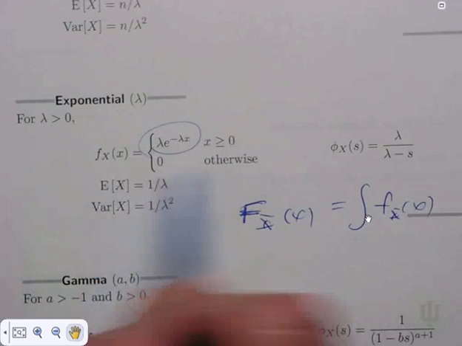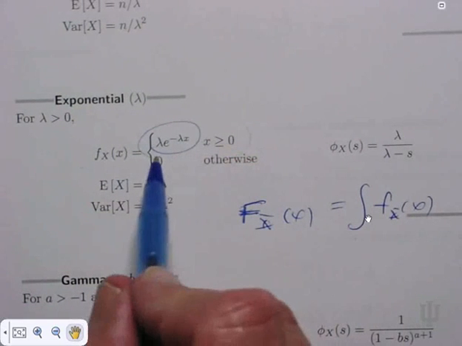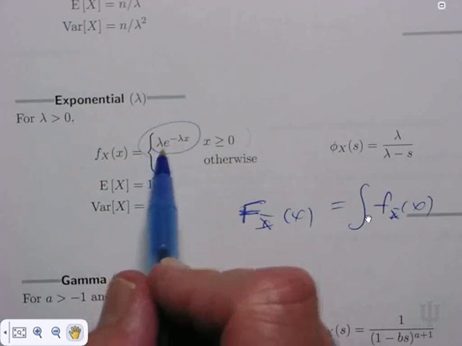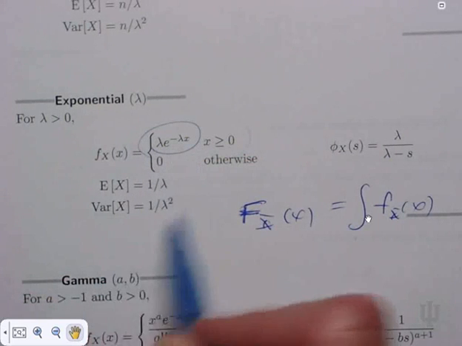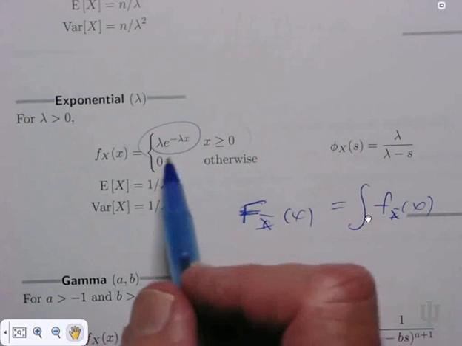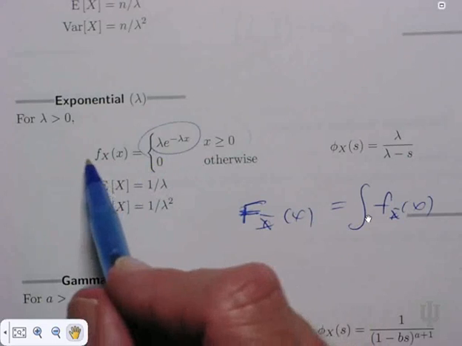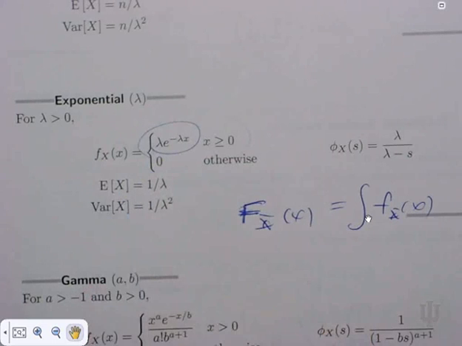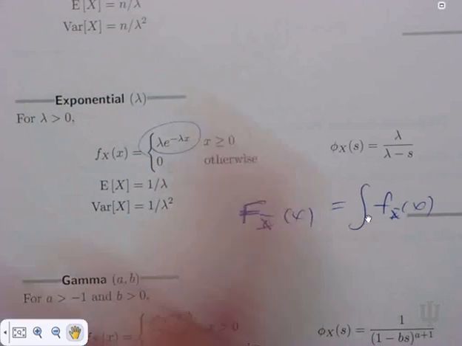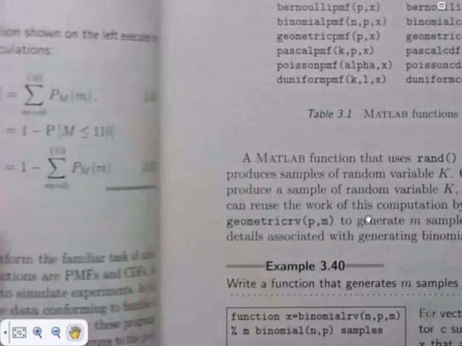So I won't do the derivation. But this is an example of something which has already been differentiated. This lambda is just some constant. You can choose any different constant, and you get different properties for this. And this is an example of what the PDF could be, the probability density function. Let's see if they have one nice one done in the text.